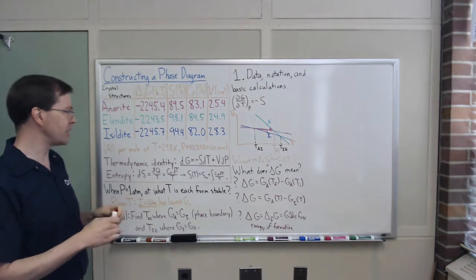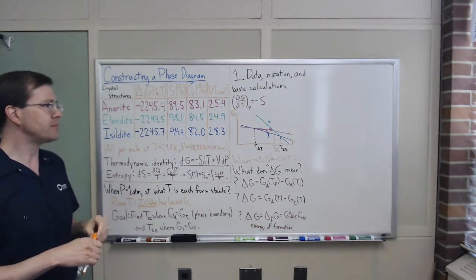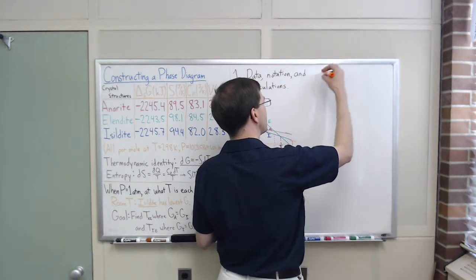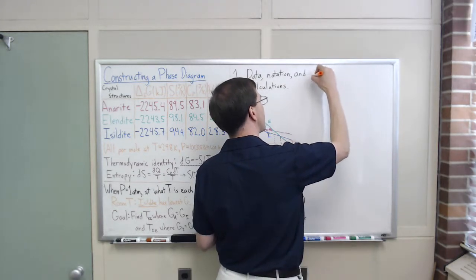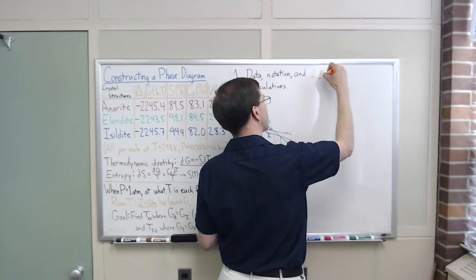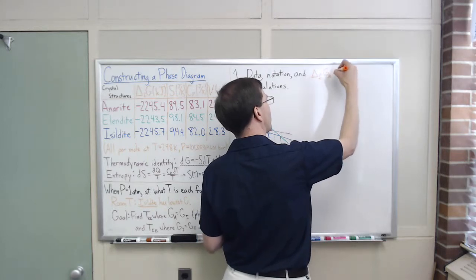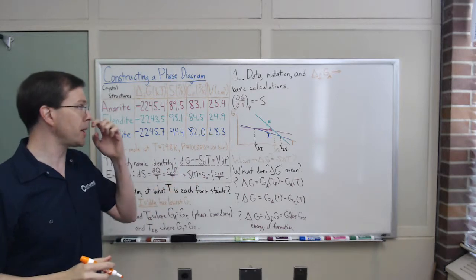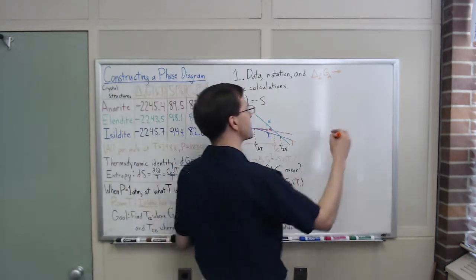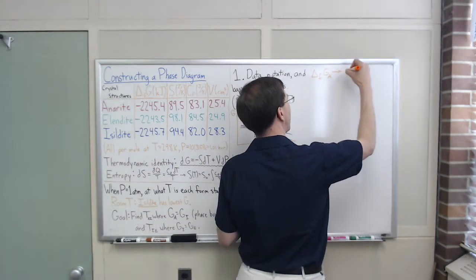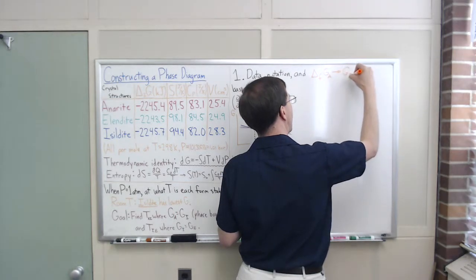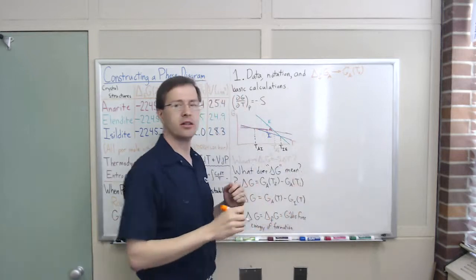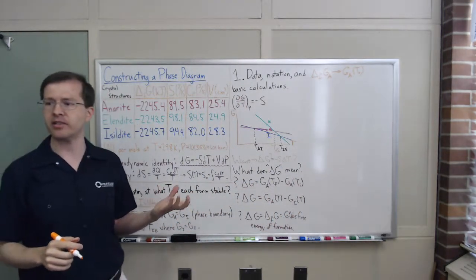Once I'm doing calculations, I'm going to replace, for example, the delta G of formation of anorite. When I want to use this in a calculation, I'm just going to call this G anorite of T naught, G anorite at my given temperature.